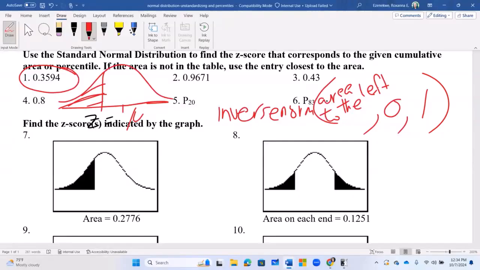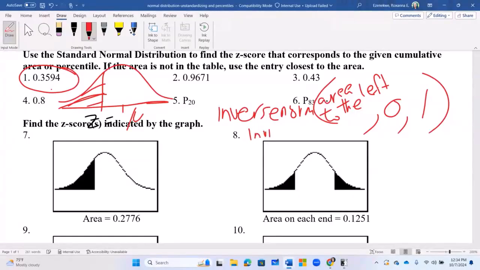So this is what I'm going to tell my calculator now. And I already know that area to the left is 0.3594. That area is less than 0.5. So the z-score that I will find is going to be negative. So I already know that.